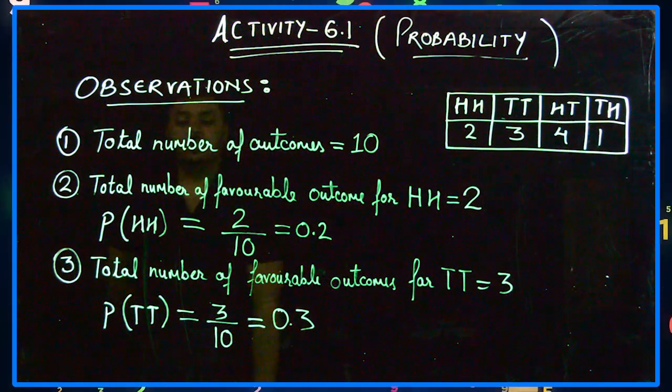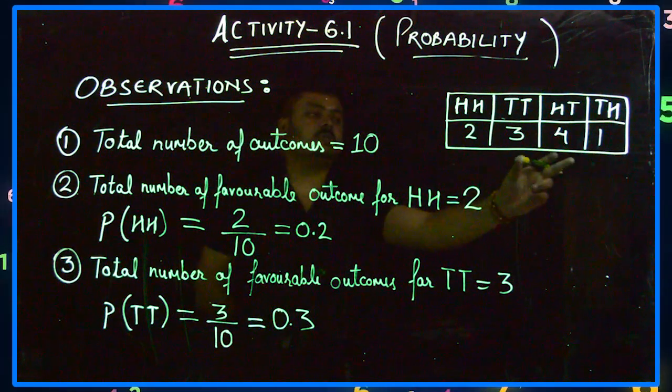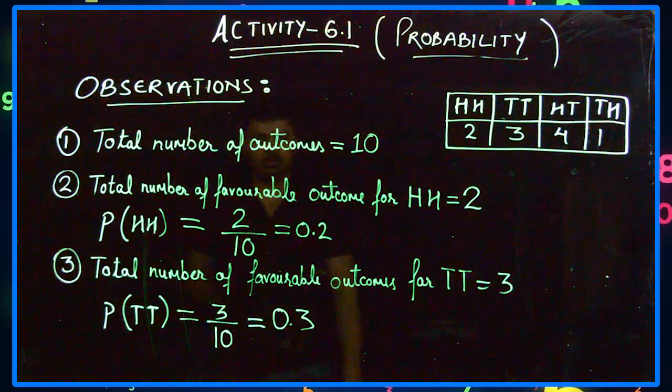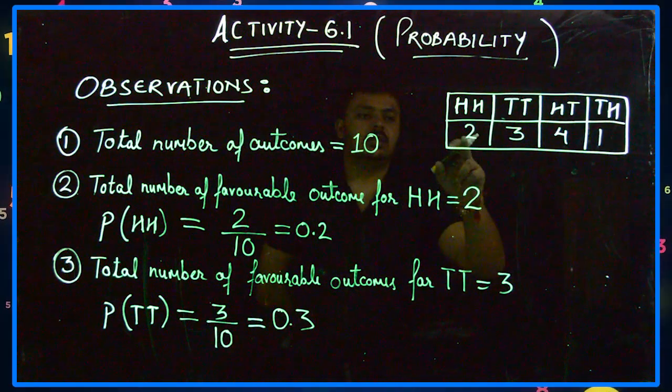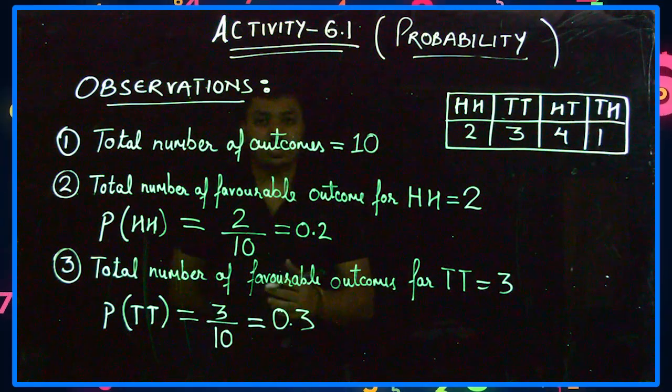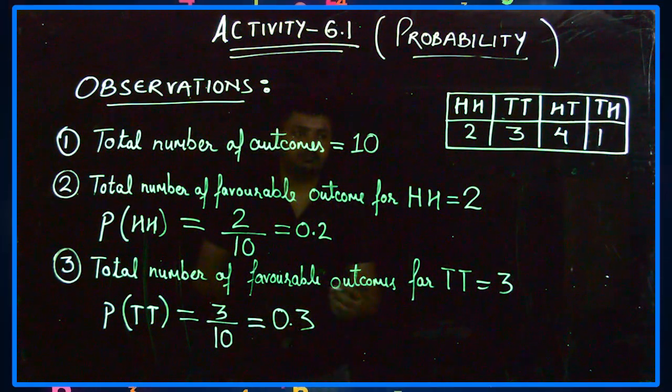This is for cards that have been plucked one by one without replacement. So these are the observations and the outcomes for cards that have been plucked from the box.